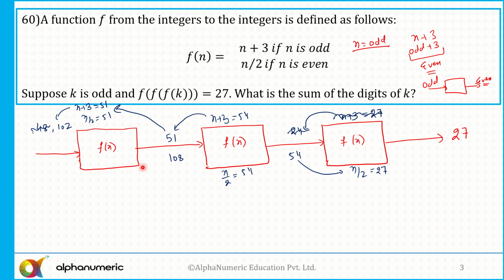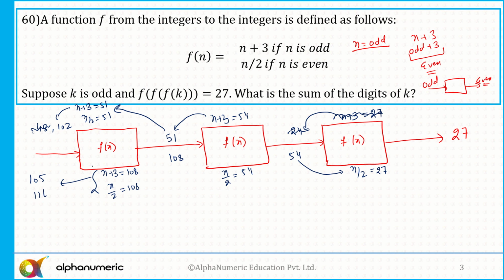Now, if my output from the first machine is 108, then again it can be either n plus 3 equal to 108 or n by 2 equal to 108. Corresponding to these two, n will be either 105 or 108 into 2, 216. And both are possible here.